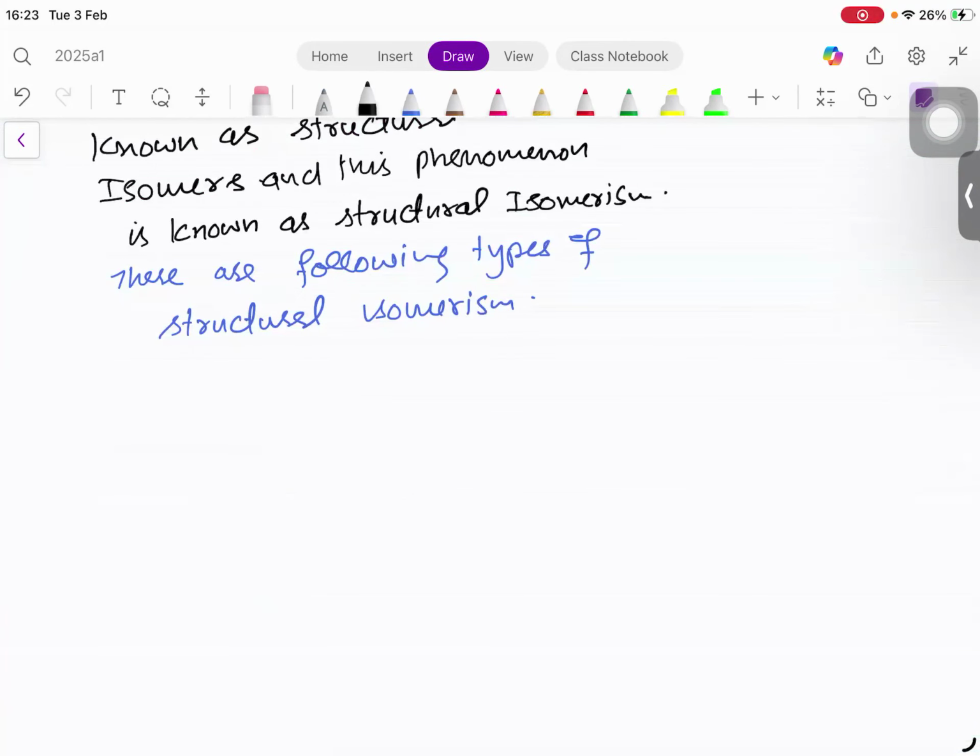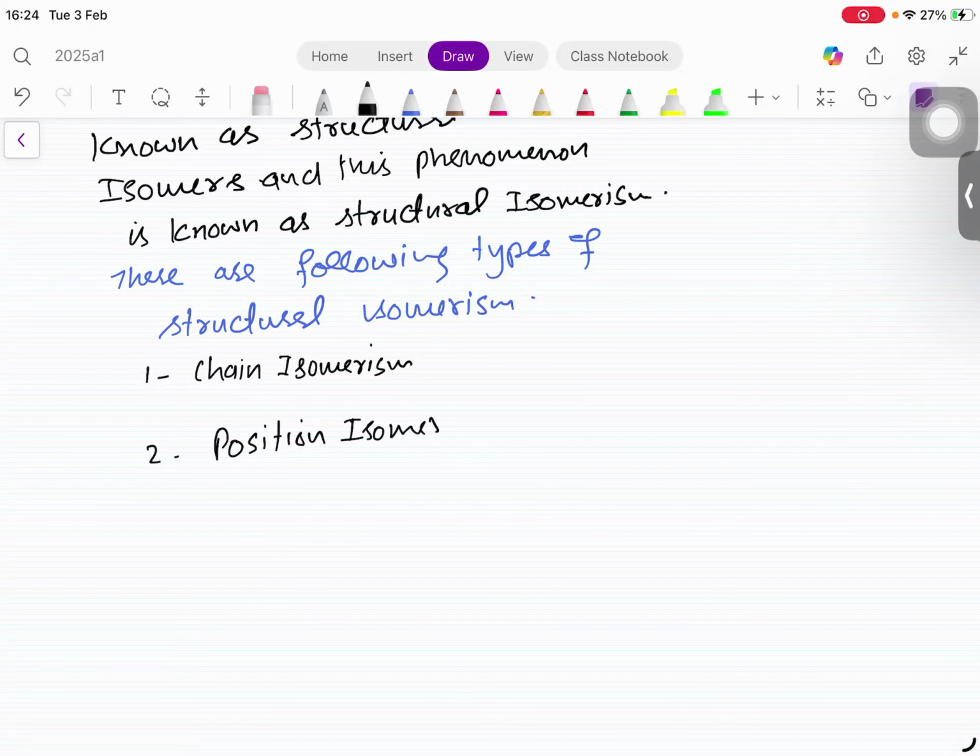Okay, now please pay attention. First let me let you write this, then I'll explain. Number one, chain isomerism. Number two is position isomerism. And number three is functional group isomerism.